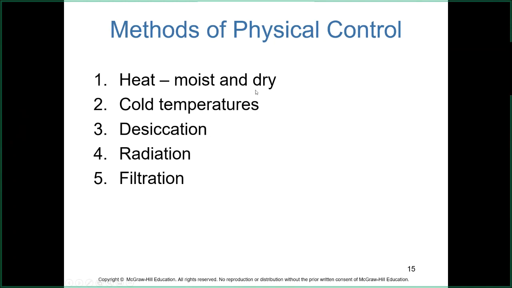Or if you don't utilize any form of water vapor or water and apply just heat directly, that's dry heat. That can be implemented efficaciously as well. Cold temperatures will control organisms. Generally, they're not anywhere near as effective as heat.